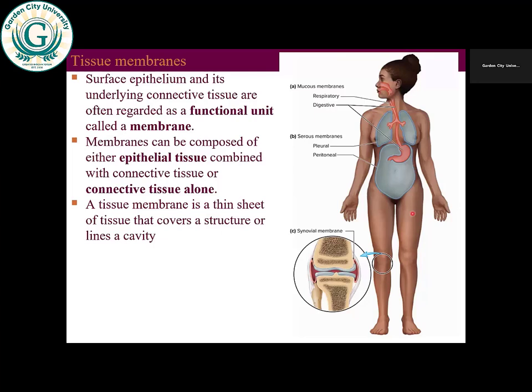Then there are those that line the cavities of the body connected to the outside environment. And what is the outside? You see your nose, this one. So the respiratory tract, the GI tract, the urinary tract, and the genital tract.